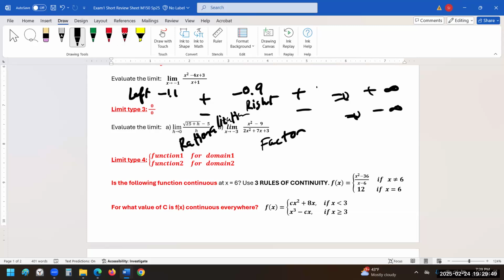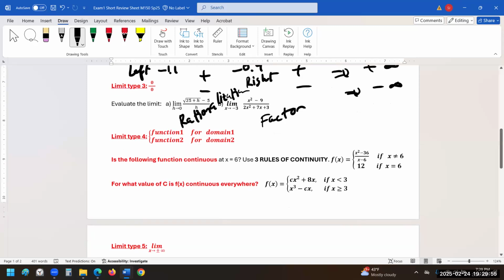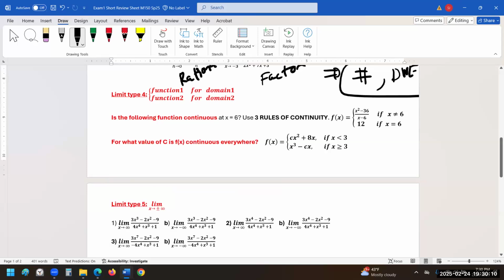So for now, you have two choices, either rationalize or factor and cancel. And then you resubstitute, and this time you're supposed to get a result. If you still don't, that means the limit doesn't exist. And this will give you either a number or doesn't exist. Okay, two choices.